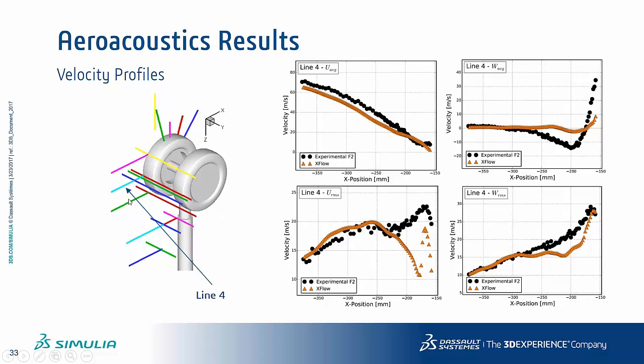Okay, so we've got on that line that you can see here, which was line 4, on the top the average components of these velocities, and on the right root mean square values also. That means mean flow field and let's say fluctuations around this mean flow field. So on the top we can see the average values are well matched for this U component, slightly worse, but still okay in terms of velocity values here.